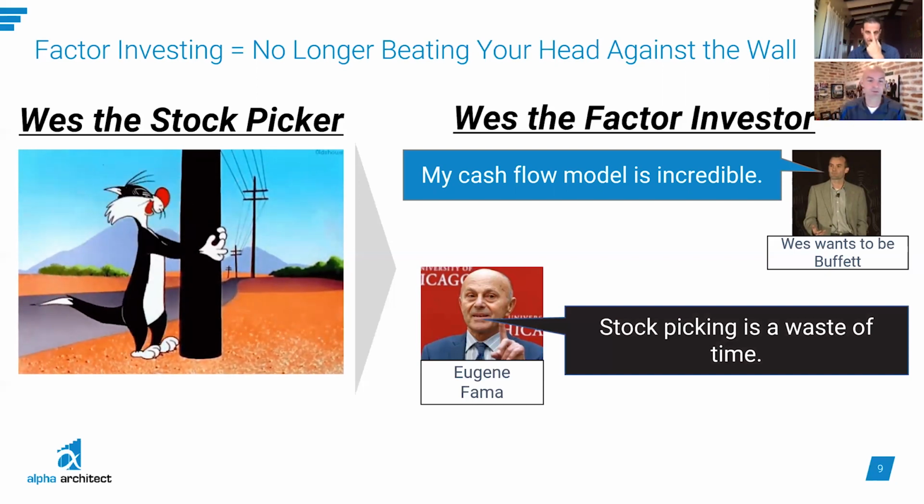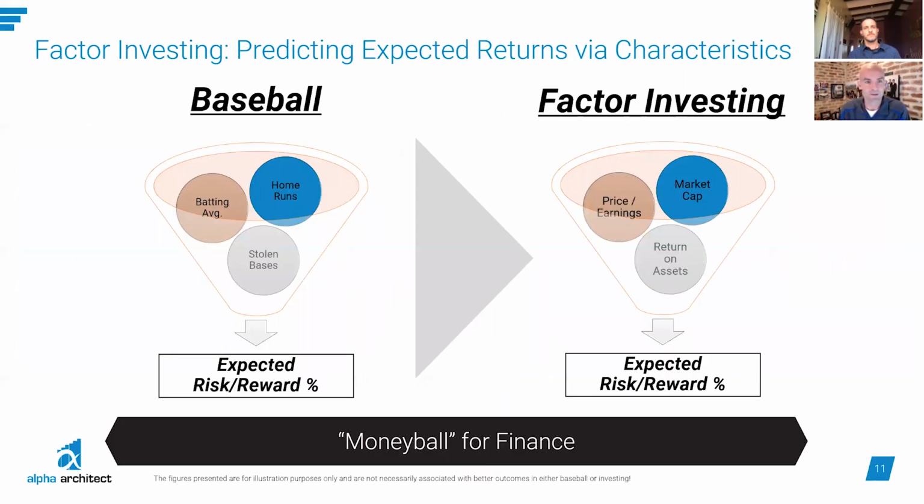I'm not a pure index person, but I do believe that using systems to implement your stock picking ideas, at least in my case, is a lot safer than what I used to do, which is basically beat my head against the wall and try way too hard. So factor investing is a great solution, in my opinion, to stock picking systematically.